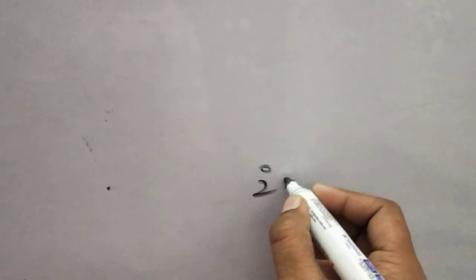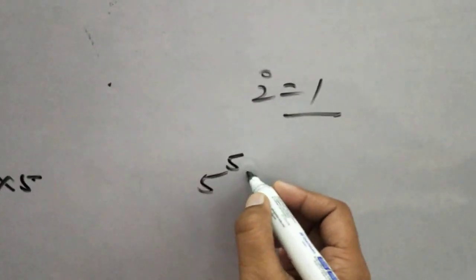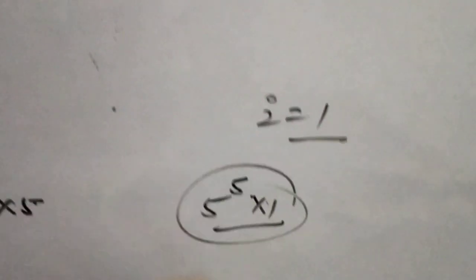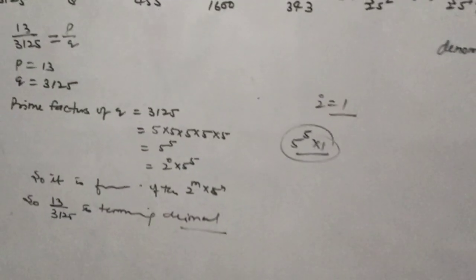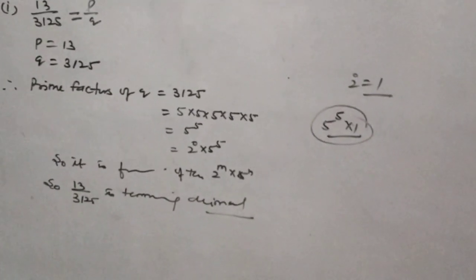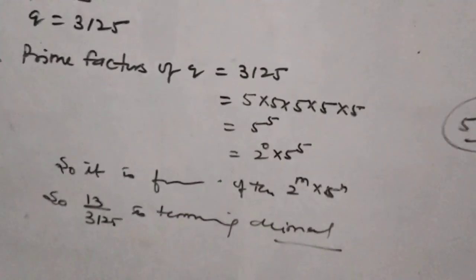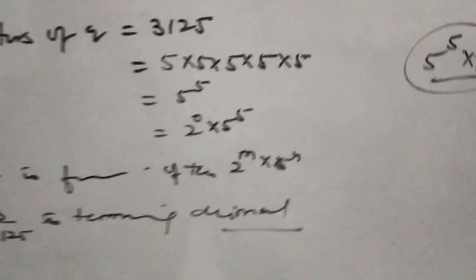Here 2 to power 0 means value 1. So if we multiply 5 to power 5 by 1, there is no effect. Either way, it is in the form of 2 to power m into 5 power n.